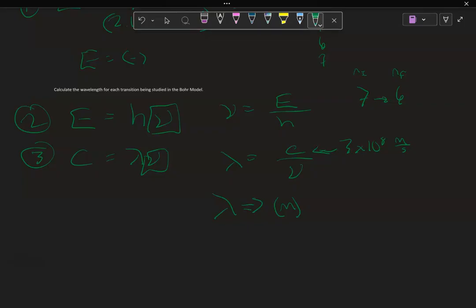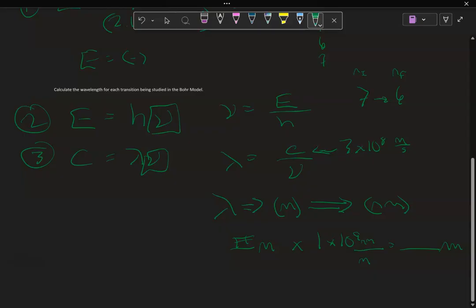When we talk about wavelength, we don't typically express that in meters, so you're going to convert your meters into nanometers. Make sure you know what the value is in meters from the calculation above, and then there are 1 times 10 to the 9th nanometers for every meter. You just multiply that number across, and that will give you the value in nanometers.